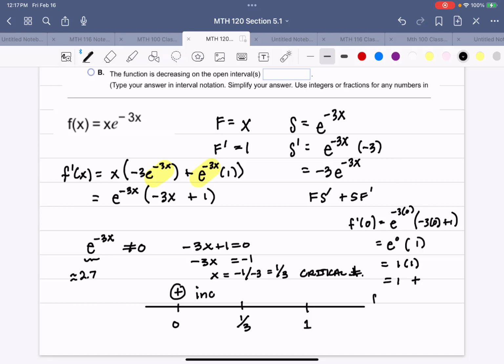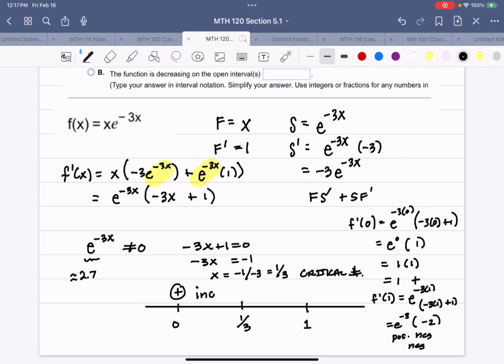When I do f prime of 1, I get e to the negative 3 times 1 times negative 3 times 1 plus 1. Well, that's e to the negative 3 times a negative 2. This is always positive. This is a negative. So this is going to be a negative.